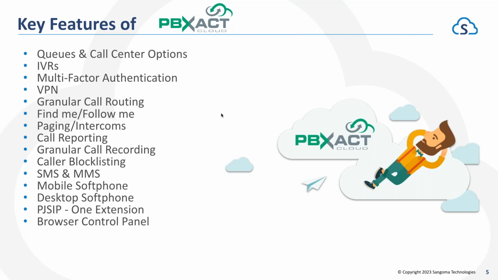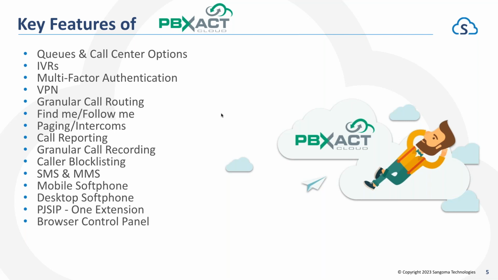SMS and MMS, we're going to continue to talk about those as well as the soft phones. It's a big part of today's webinar and a big value to our users to be able to have that text message and picture text messaging service. Every user gets a mobile and desktop soft phone client at no charge on PBXact Cloud. And we use something called PJSIP, which may be a mouthful and mean nothing.